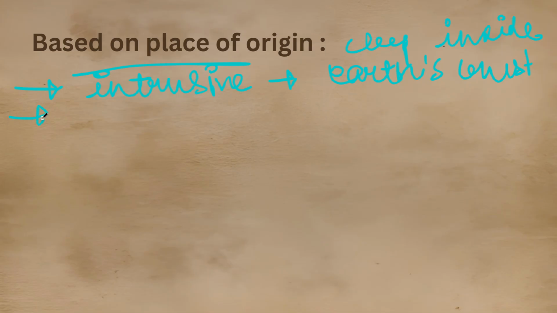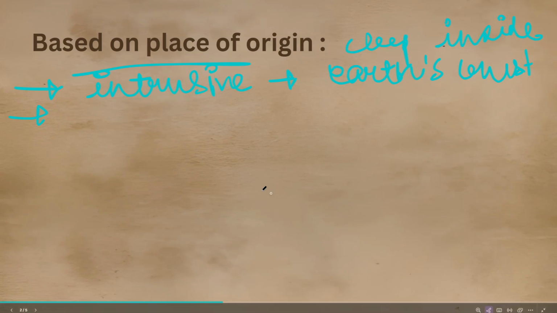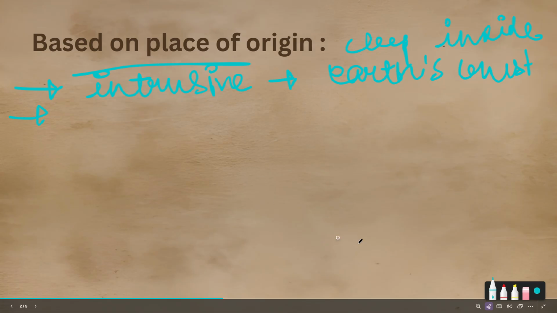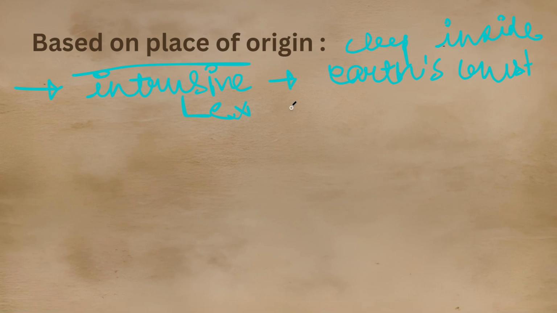When the rocks originate deep inside the earth's crust, they are known as intrusive igneous rocks. Intrusive, as the name suggests, they originate deep inside the Earth's crust. So the example of such rocks is granite.